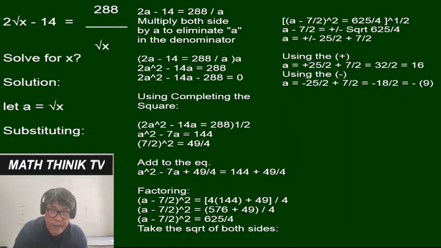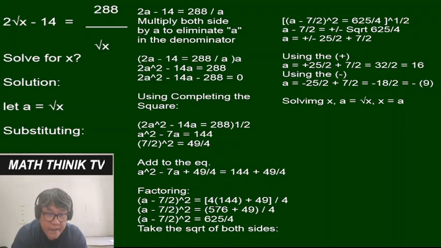So we can solve now the value of x. Right? So solving for x, from our equation, a is equal to square root of x. So therefore x is equal to a square. Right? So variation, no? So ito yung mga topic nyo sa variation, yung paano pagpalit-palitin yung mga equation, di ba?